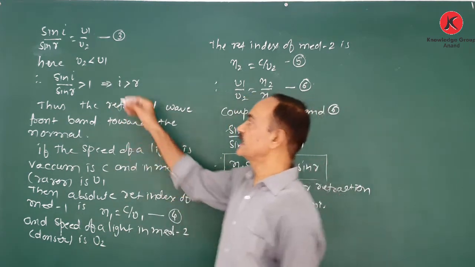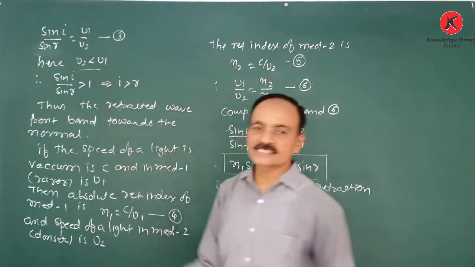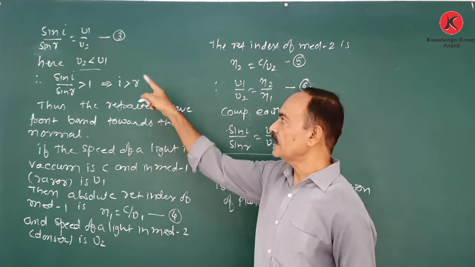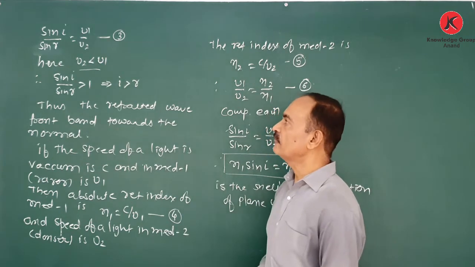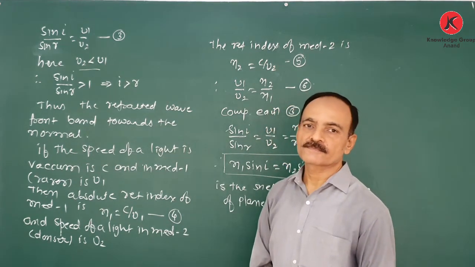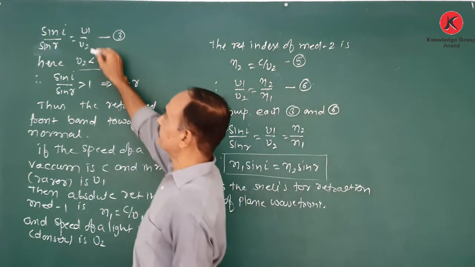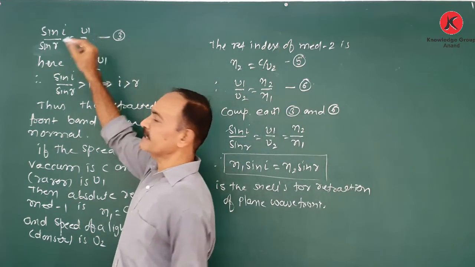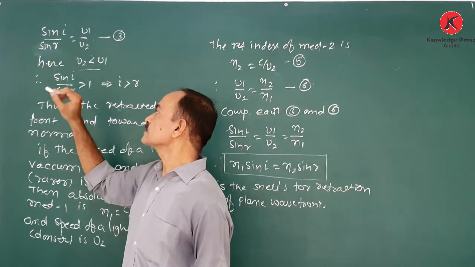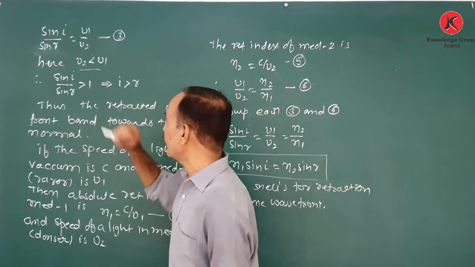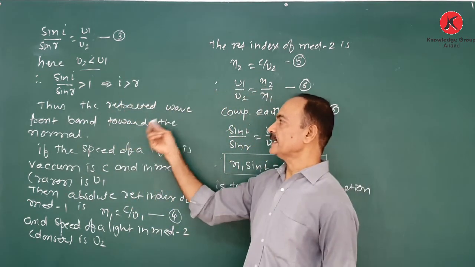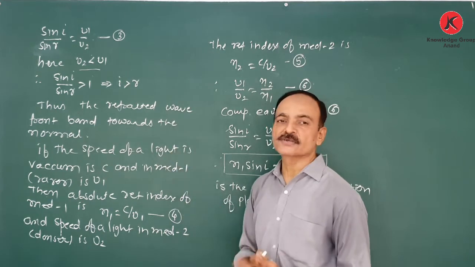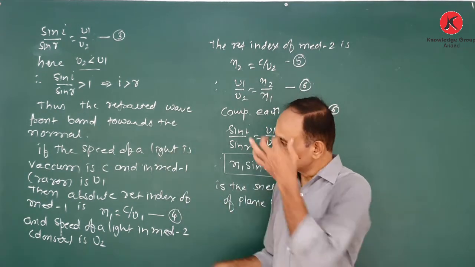Here we also make the assumption that in a denser medium, the speed of light is less than the speed of light in a rare medium, V2 less than V1. By using this concept, this ratio is greater than 1. Therefore, sin I upon sin R is also greater than 1. Therefore, I is greater than R. Thus, the effective wave front bends towards the normal after the refraction.